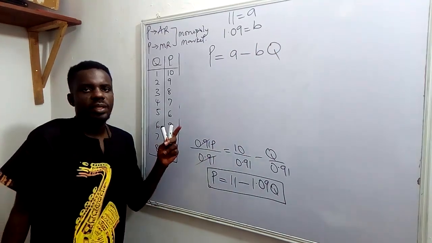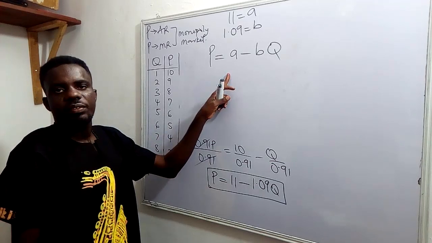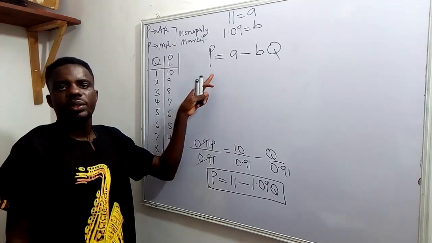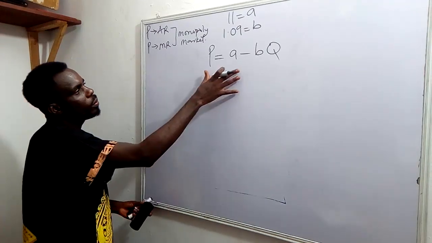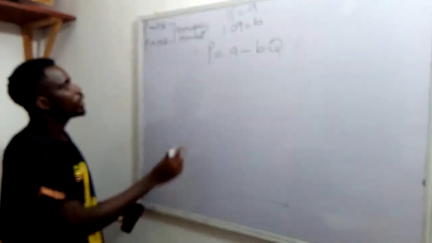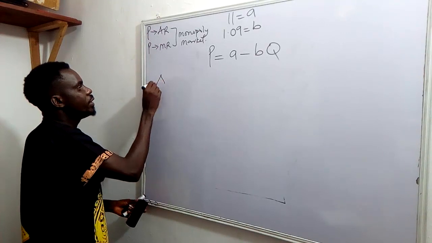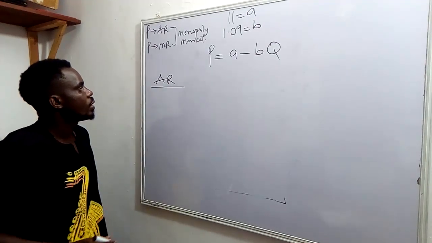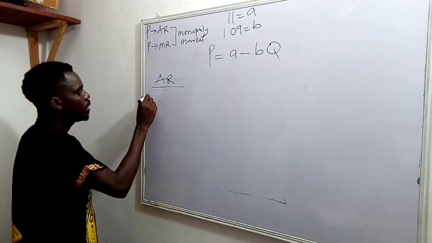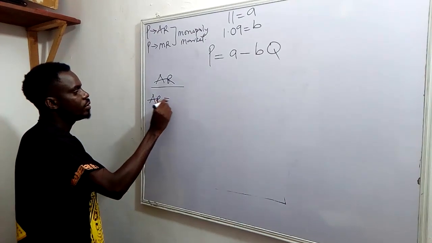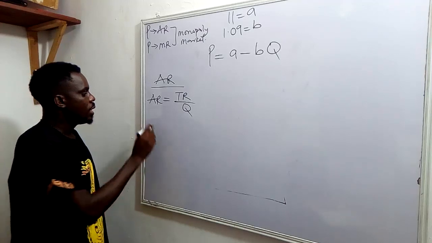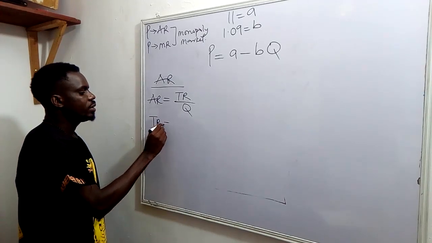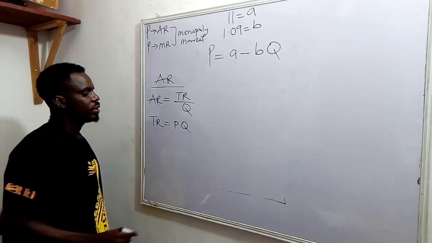Therefore, we can estimate the average revenue and marginal revenue from the demand function in a monopoly market. From the established demand function, we can determine the average revenue. As established in the last class, average revenue is total revenue divided by quantity, and total revenue is price multiplied by quantity.